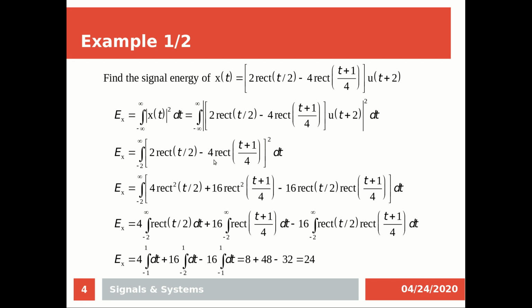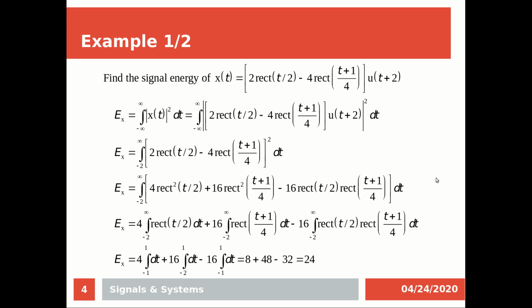So 2 multiplied by 4 multiplied by 2 will be 16, minus 16, the same sign. And then this one multiplied by this one, the rectangular of t over 2 multiplied by the rectangular of t plus 1 over 4. So this is the simplification, or the expansion, of this function, so we can take the integral easily now.